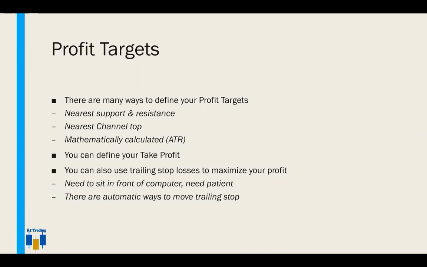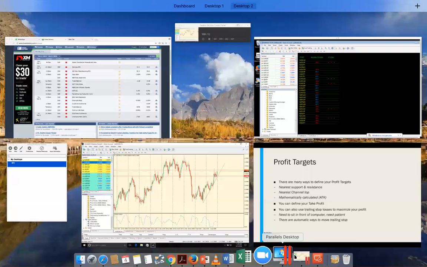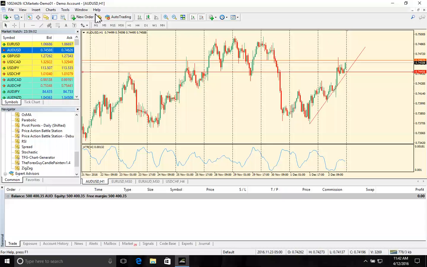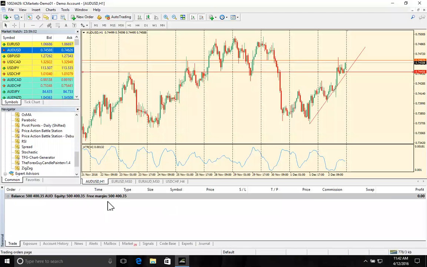I don't use trailing stop, because the trailing stop only gives you static figures like 10 pip or 5 pip or whatever. So for example, if you have an order, it will let you know the take profit.